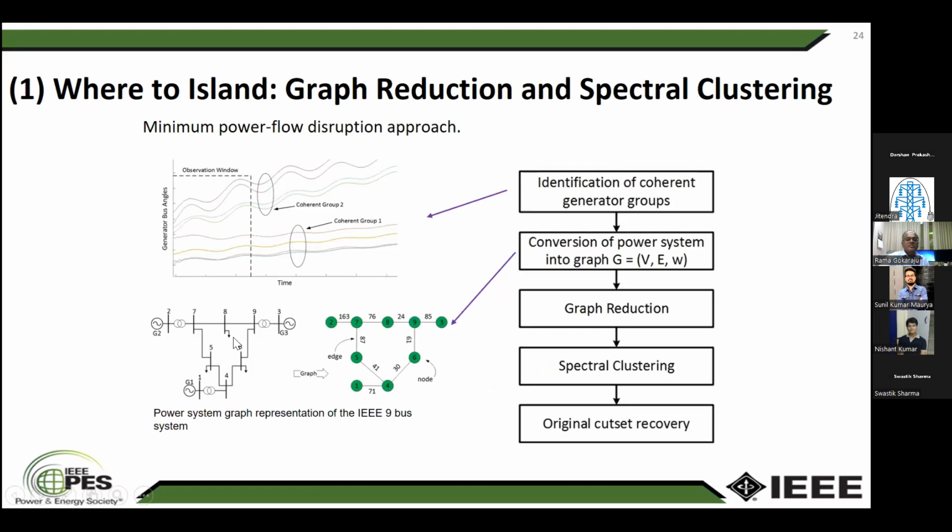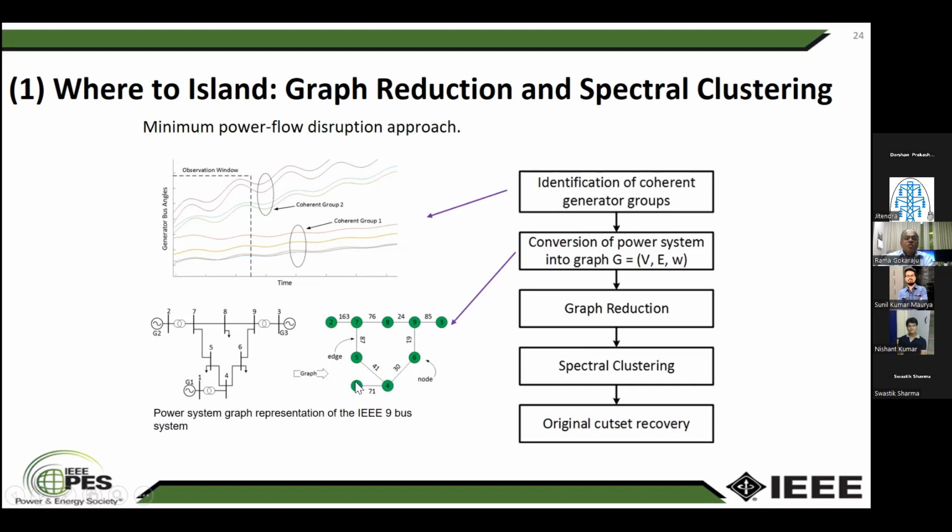Now here, this is for the 9-bus system. So we have 3 generators, G1, G2, and G3. G1 is at bus number 1, G2 is at bus number 2, and G3 is at bus number 3. Now, on the right side figure, I'm showing a graph representation of the system.